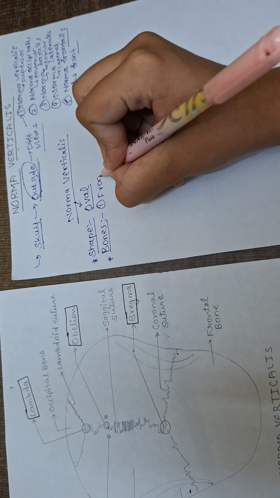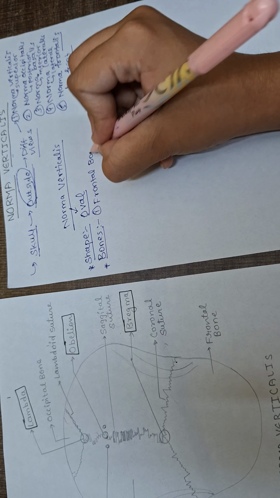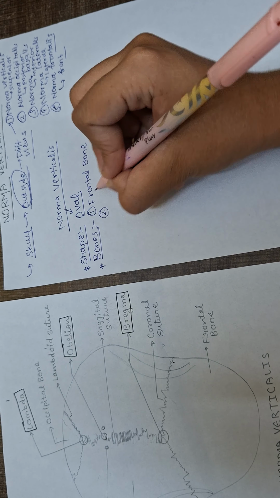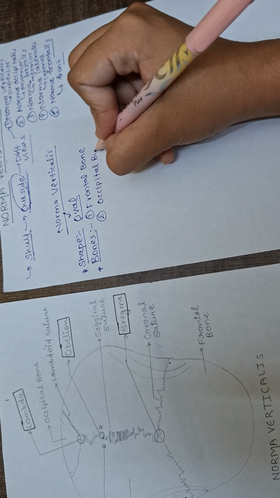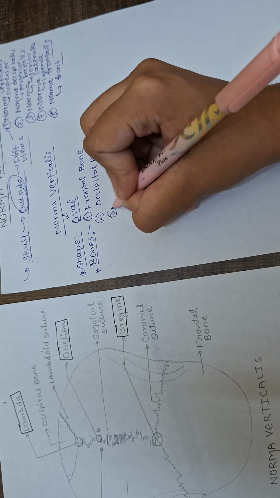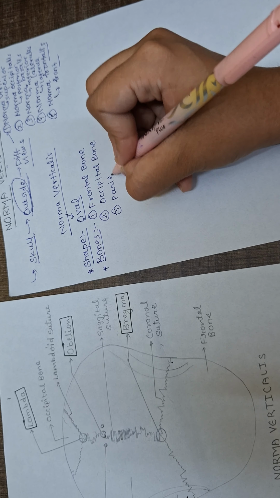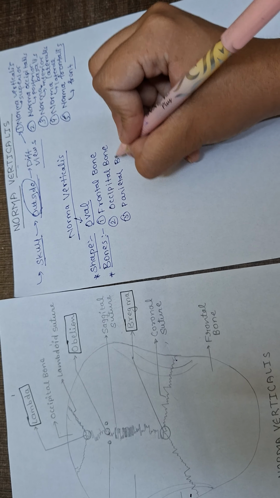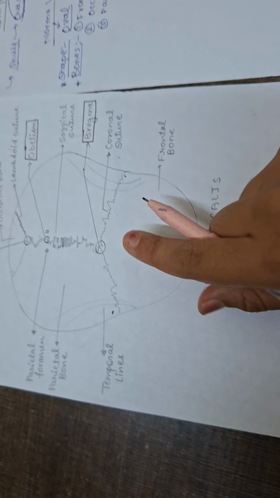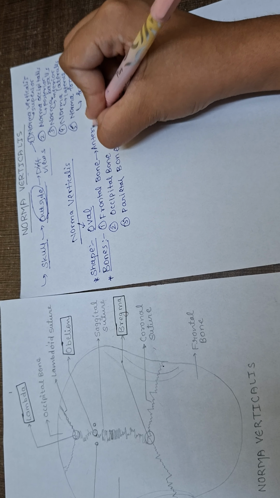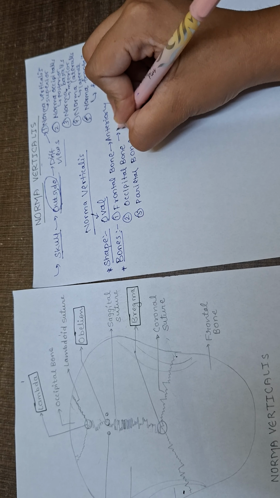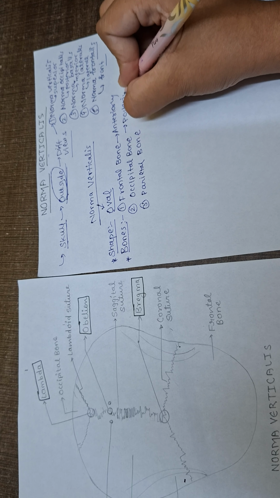So we have the frontal bone, then we have the occipital bone and the parietal bone. Of course, here you can see this is the frontal bone we have. It is present anteriorly. The occipital bone is present posteriorly.